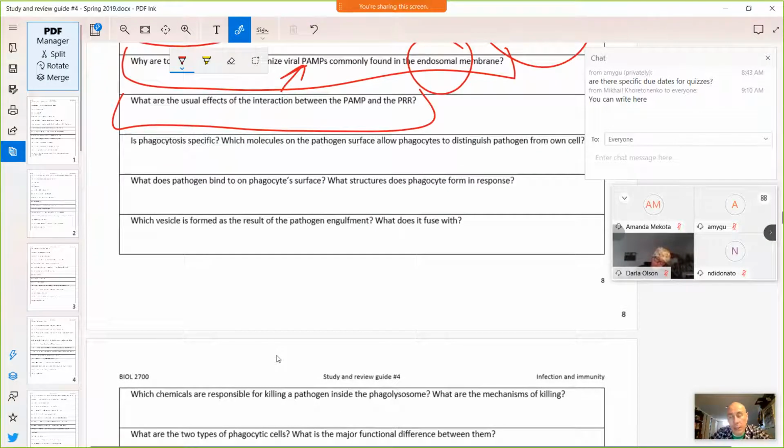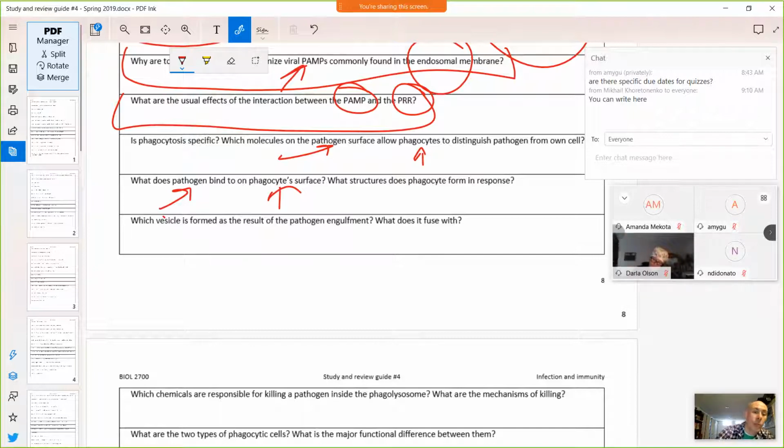Phagocytosis, relatively non-specific. A phagocyte, using its own PRRs, recognizes PAMPs on the pathogen surface. So PAMPs bind to PRRs on the phagocyte surface. The phagocyte in response forms pseudopodia.